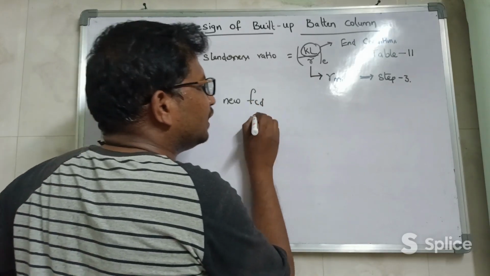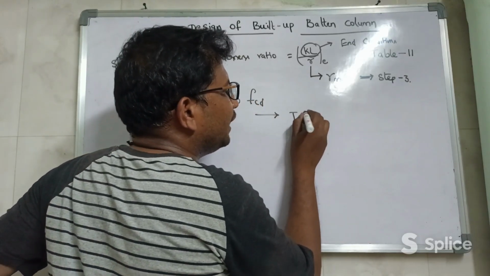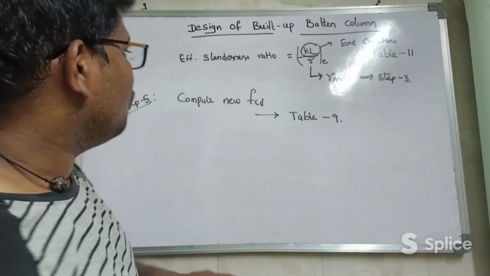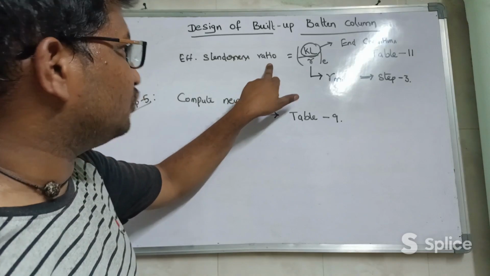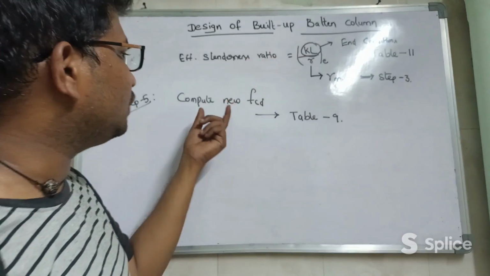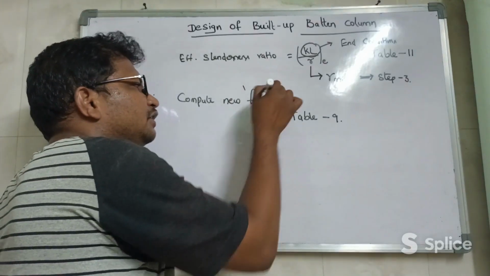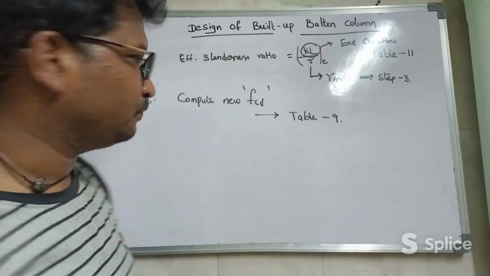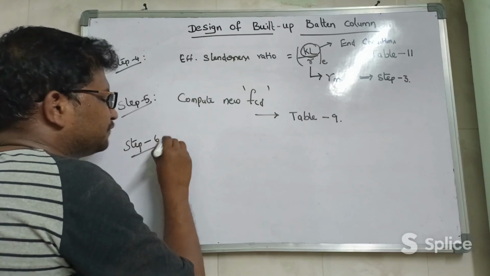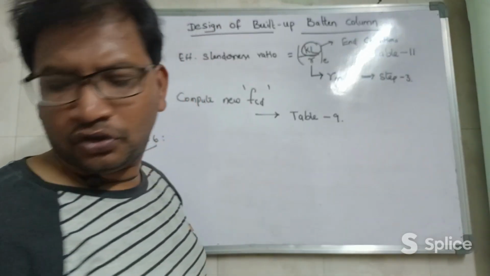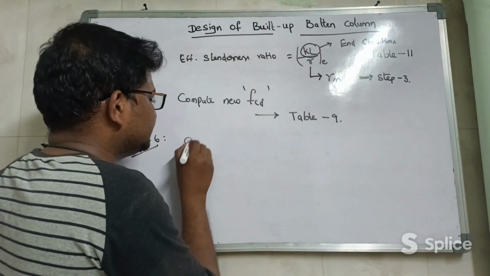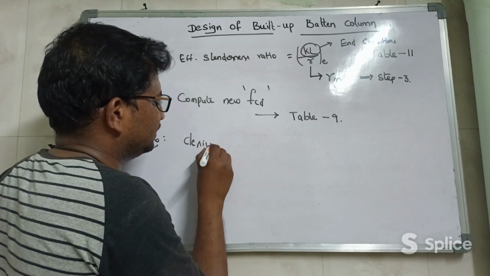For this, you need to refer Table 9. For this effective slenderness ratio value, you need to compute FCD from Table 9. Once you know the FCD value, you can compute design compressive strength.